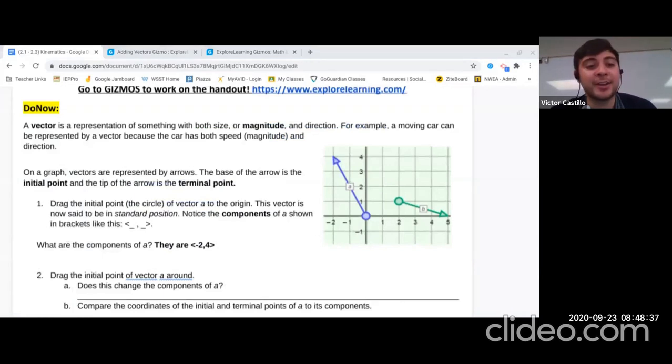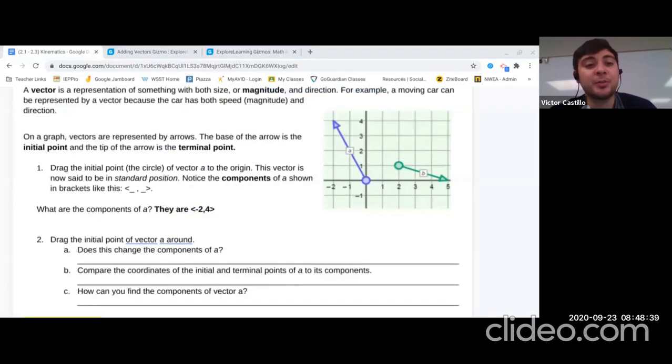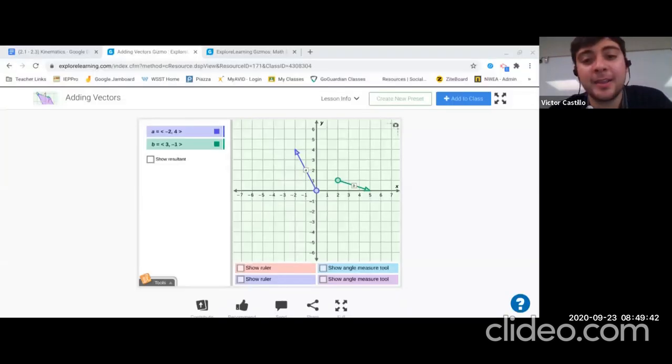Now, let's look at the next one. It says, drag the initial point of vector A around. If I click on the blue arrow and move it around, how do you know if the coordinates change? You have to look at the top left corner. A is -2, 4. What happens when I move it? Actually, this is a little bit tricky.